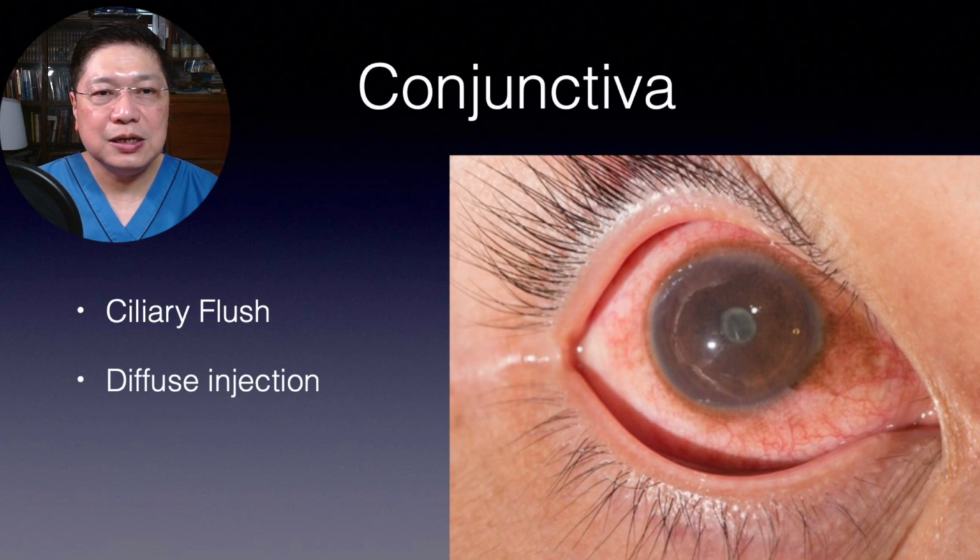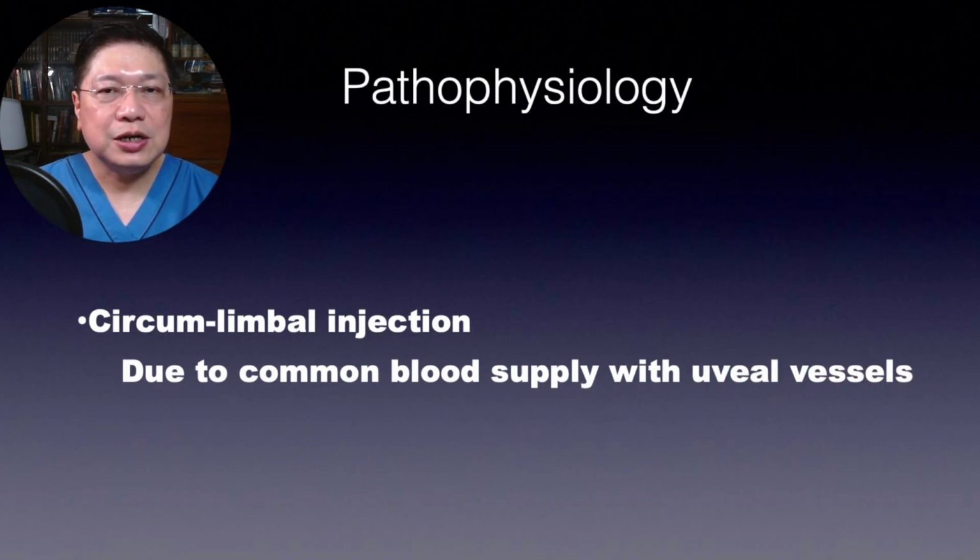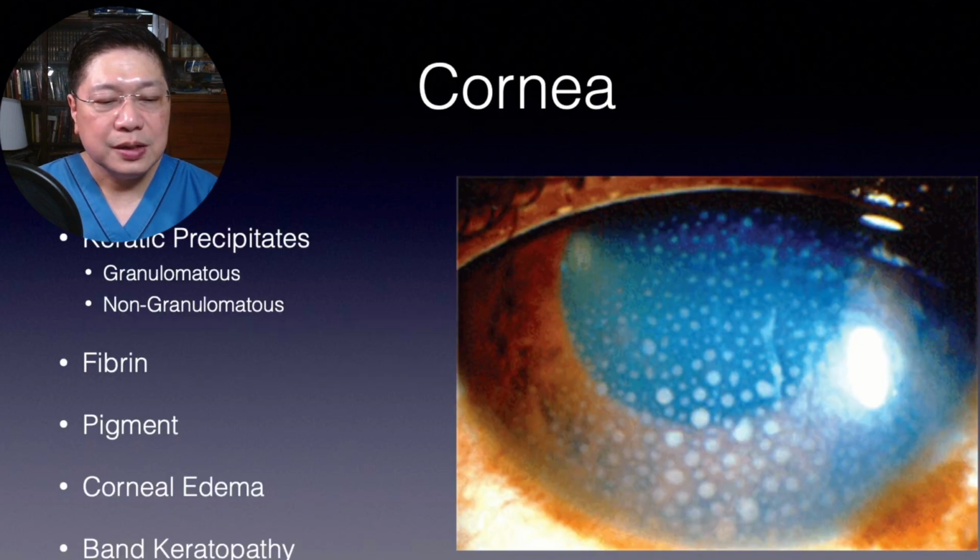It's just around the limbus. The rest of the eye is relatively non-congested. If you see a ciliary flush, there are two major diseases that cause this. Number one is uveitis. Number two is glaucoma.